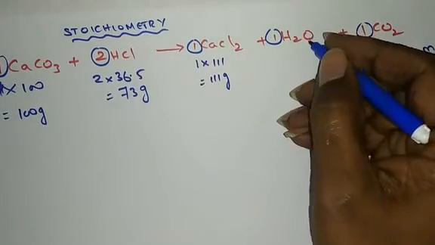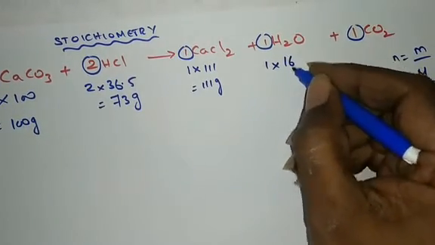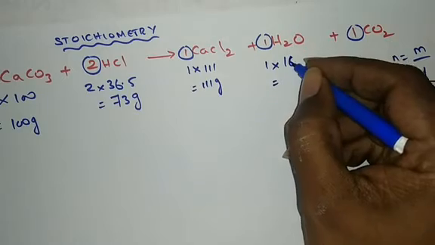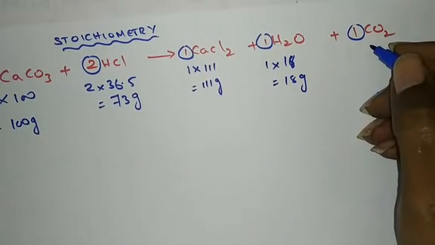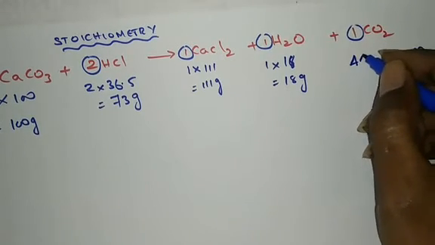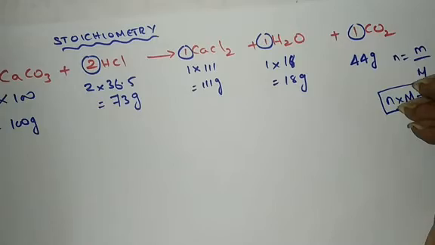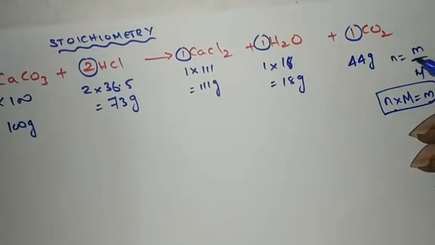And 1 mole of water is formed. Its molecular weight is 18, so 18 grams. And 1 mole of carbon dioxide is 1 into its molecular weight, 44, which is equal to 44 grams of carbon dioxide.